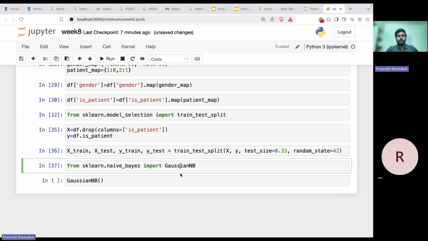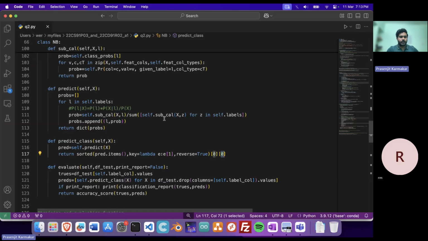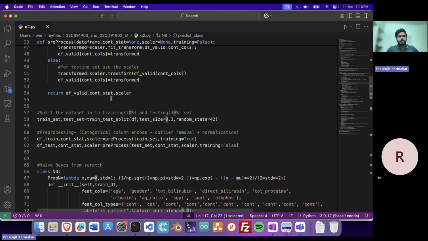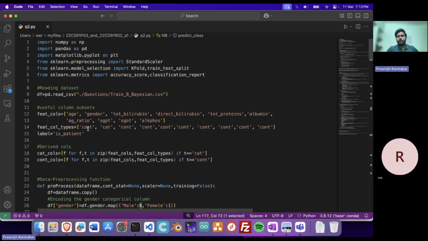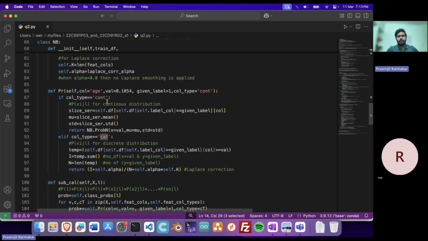Okay, so let's just go with Gaussian for now, but it can be mixed also. For example, in my implementation from scratch, I specifically pass which column is which, whether it's a continuous column or a categorical column. Based on that column type, I can compute the probability differently, with normal distribution or with just counting.